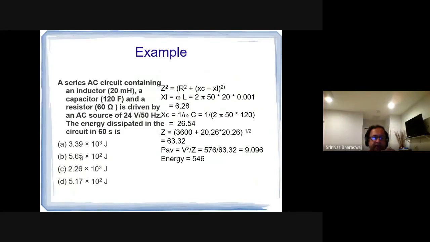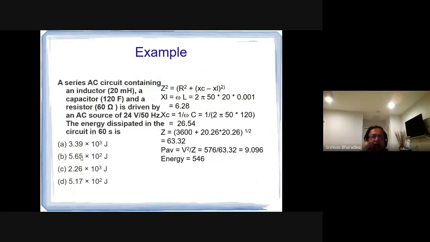So XL equals 2 pi times 50, because omega is 2 pi f, right? 2 pi times 50 times 20 millihenry, 2 pi 50 times 20 times 10 to the power of minus 3 for the milli. So that will give you XL.